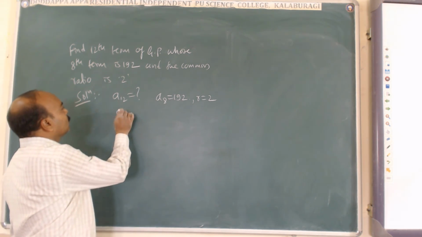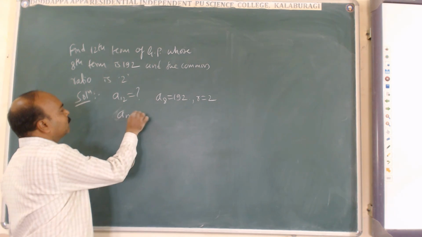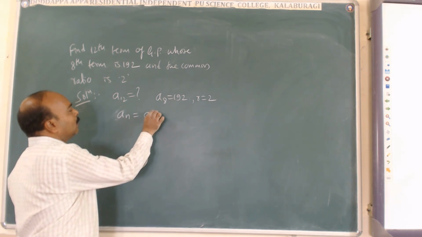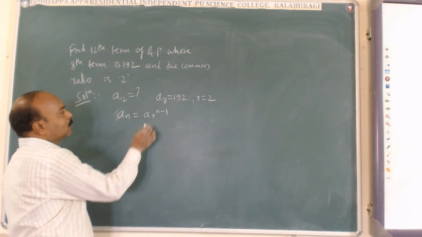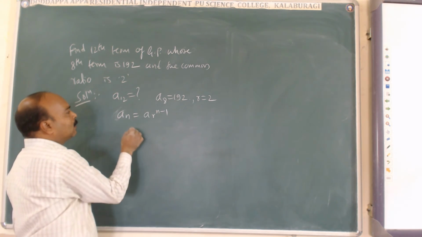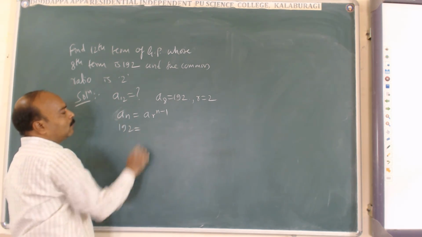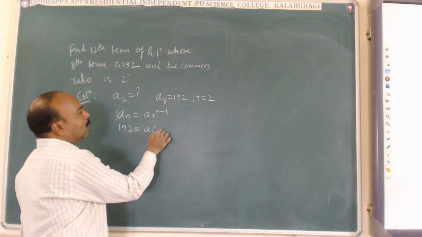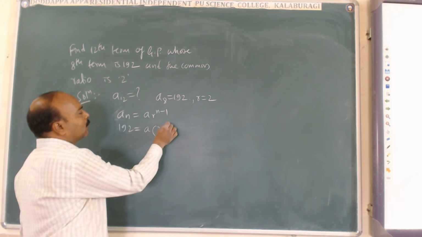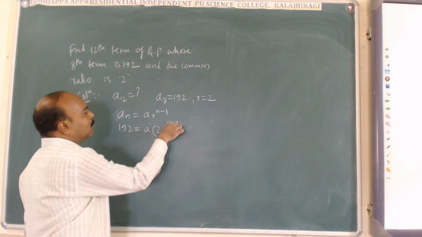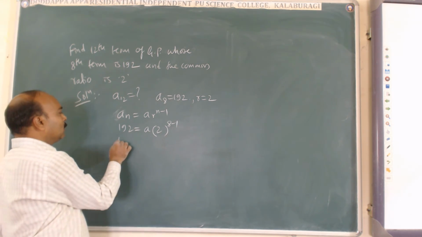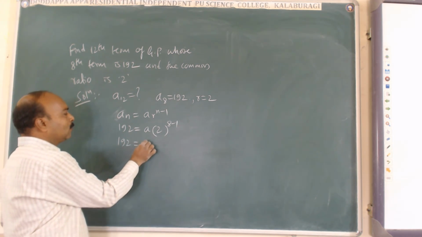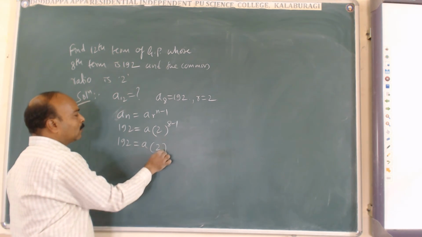Now we go for the nth term of a GP. an equal to a r raised to n minus 1. So here the 8th term they have given is 192 equal to a, the a value we don't know, r value is 2 raised to n, which is 8 minus 1. We are getting 192 equal to a into 2 raised to 7.